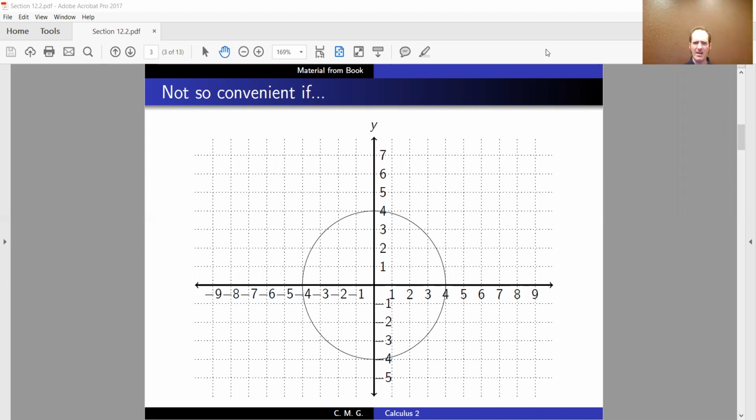So to find a point in the XY plane, I needed two coordinates: an X coordinate and a Y coordinate. So I need two pieces of information in order to describe a unique point in this plane. And that's reasonable, right? You need two directional things to tell you where you are on this plane.